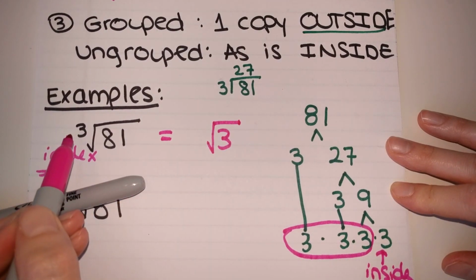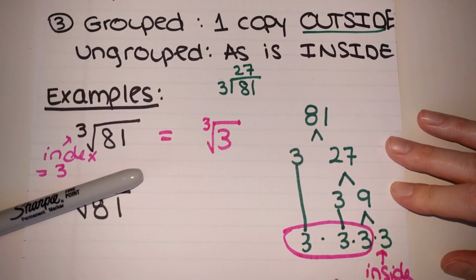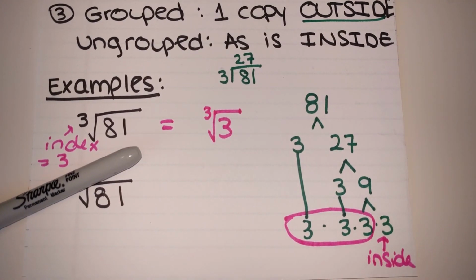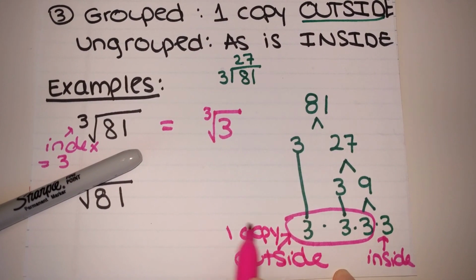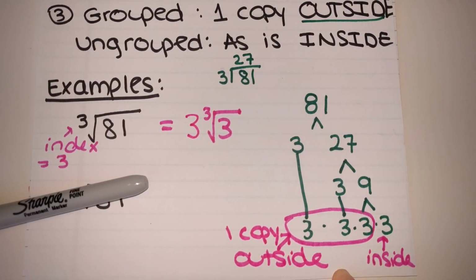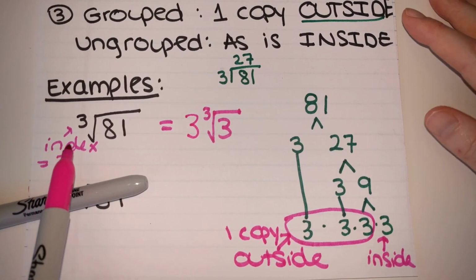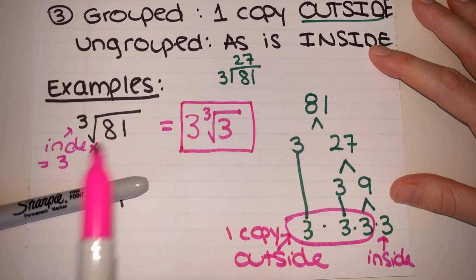Now the radical had a cube root index, so that's going to have to stay as a cube root index. Now, outside of the radical, this circled grouping, this grouped number, is going to appear outside as one copy. So we will have outside of the radical one copy of 3. So our final answer is going to be that the cube root of 81 is 3 cube root of 3.